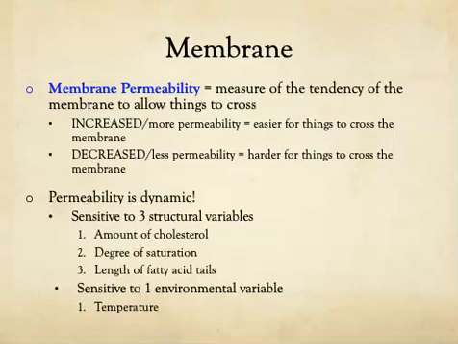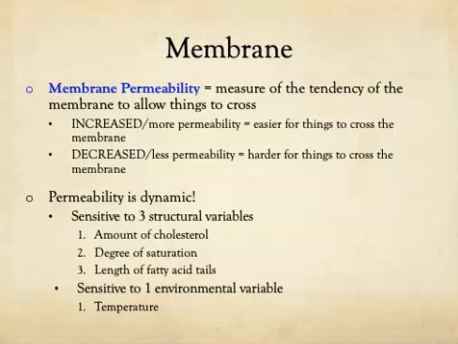Let's take a minute and summarize where we are now. We now know how the membrane has structural variability within it. We know that each monolayer, the outer monolayer and the inner monolayer, can be different from each other in terms of what types of phospholipids they contain and what proteins they contain, in terms of how much cholesterol is in that monolayer, in terms of whether or not there are carbohydrate modifications in that monolayer.